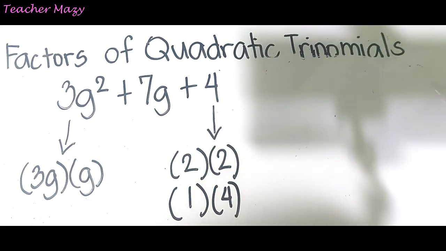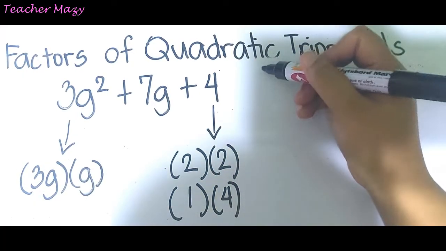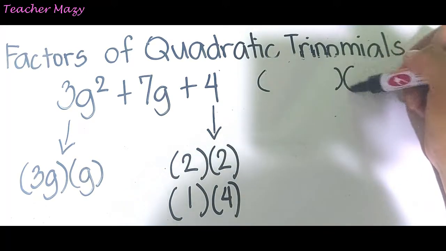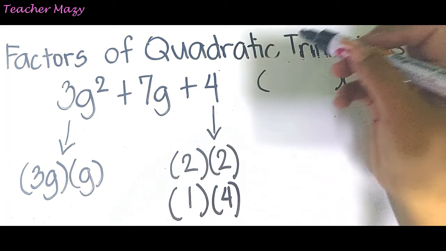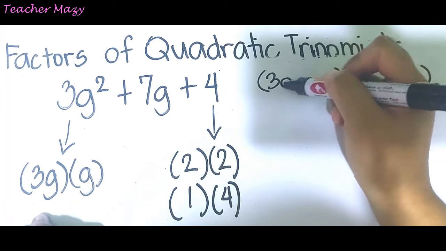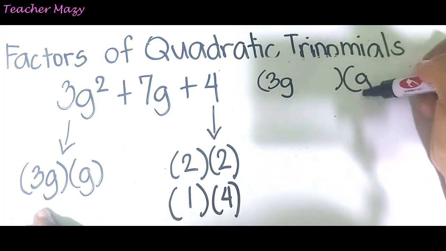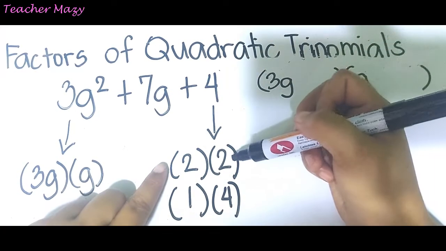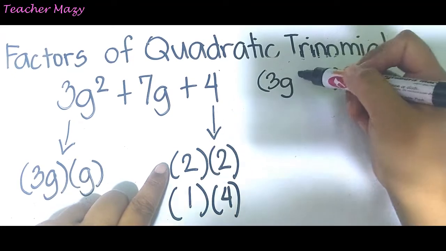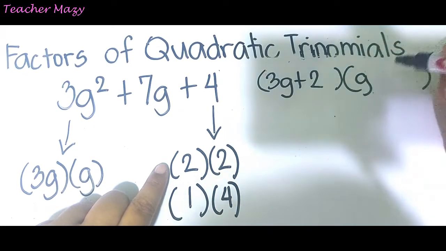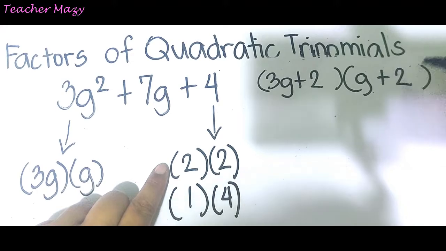Next, trial and error. Let's write two quantities: 3g and g, and let's use the first factors, positive 2 and positive 2.